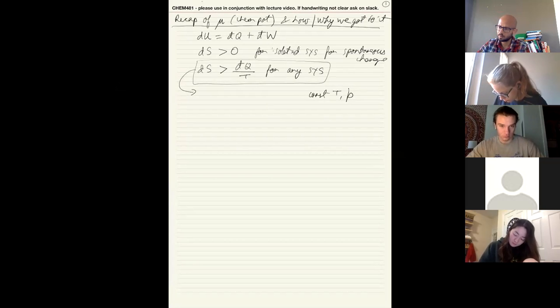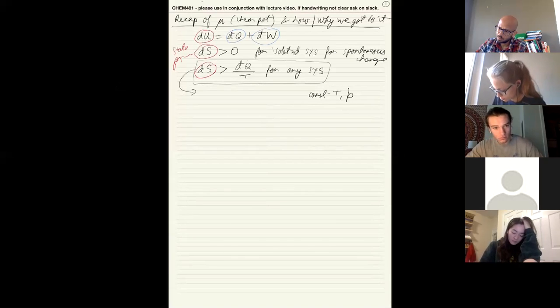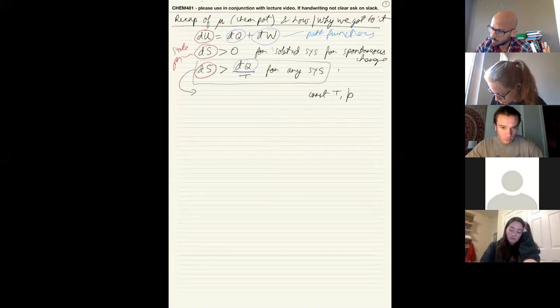So the idea here is that the things in red are state functions, while the things in blue are path functions. So the Clausius inequality is nice, but it tells you something about a change in a state function relative to a change in a path function. And the question was, could we have written down this condition for spontaneous change in terms of purely state functions?